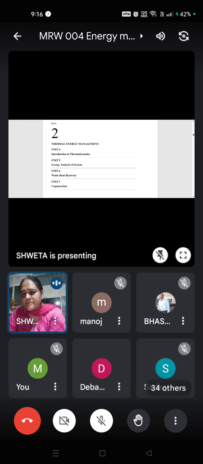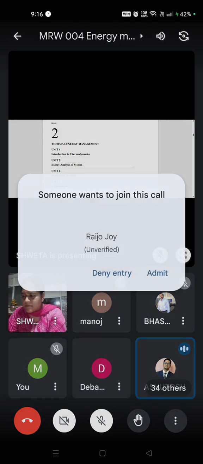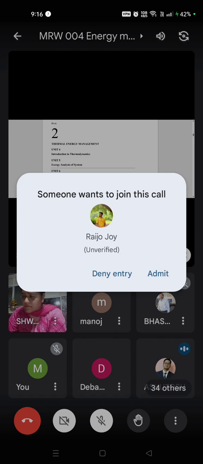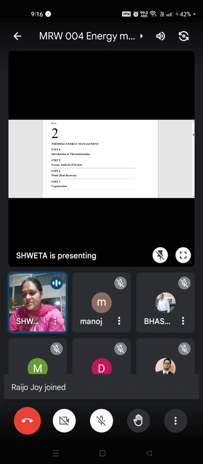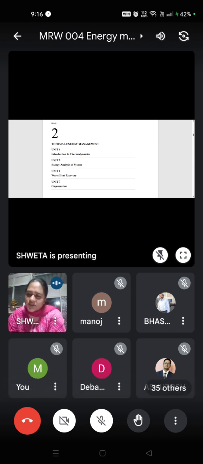Okay, anybody else? Because, ma'am, if we produce 1 kilowatt of energy, there will be losses in transmission and distribution also. When we are saving, those losses are also added as an output. So to conserve energy, we have either to substitute or to save energy.